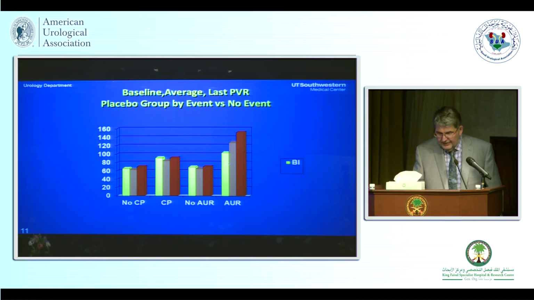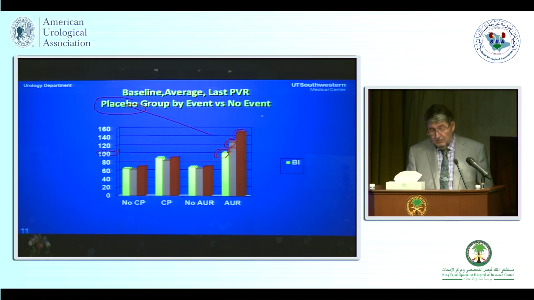And so when you look at that question, basically you'll see that in the group of patients in the MTOPS placebo group who went into retention, this is the baseline, around 100, and this was the last recorded residual before retention. So this is the average, and this is the last recorded before the retention episode.